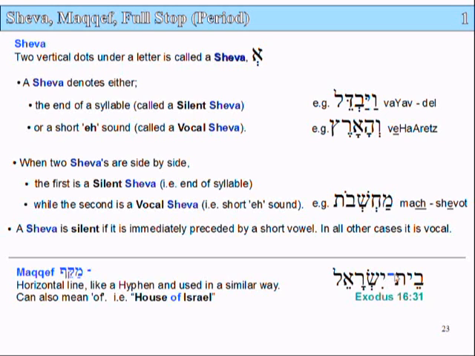Sometimes it's spelt with a hyphen or a Maqqef between the two words.